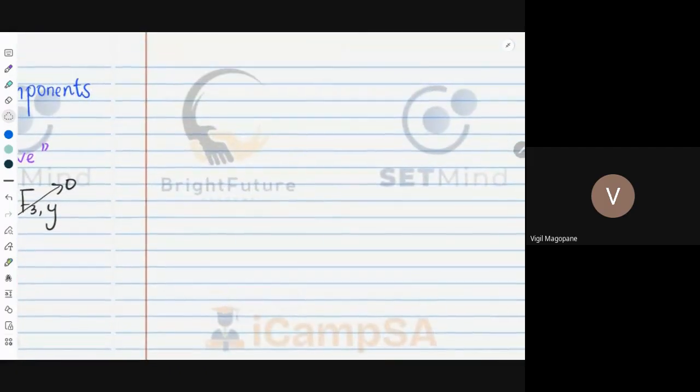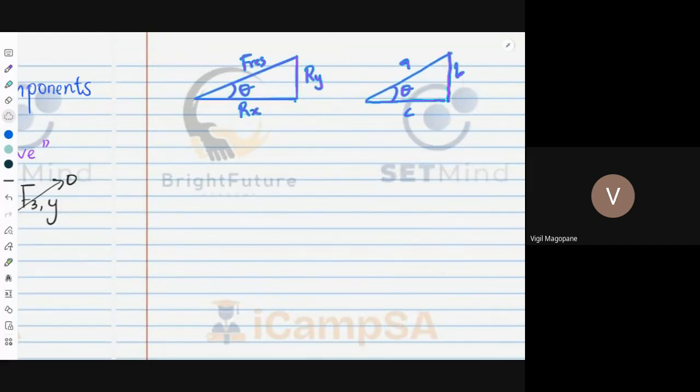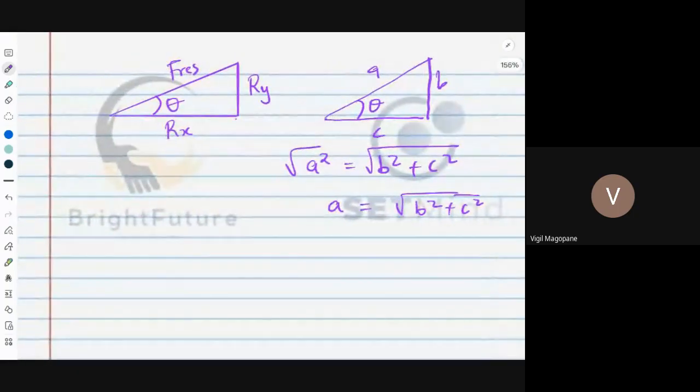I was hoping you guys would tell me all of this, but the way you find A is you say A squared is B squared plus C squared. Then you square root both sides. Now that is how we would find F race, the resultant we've been looking for this entire time.